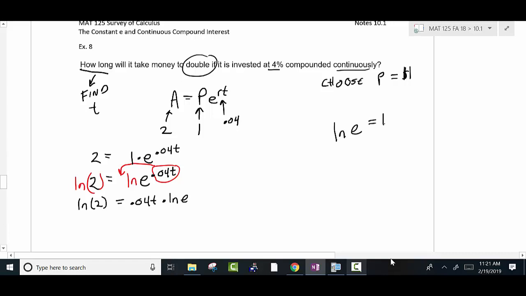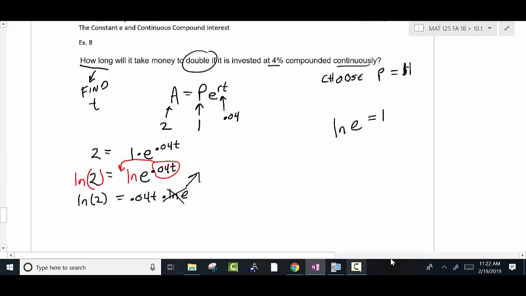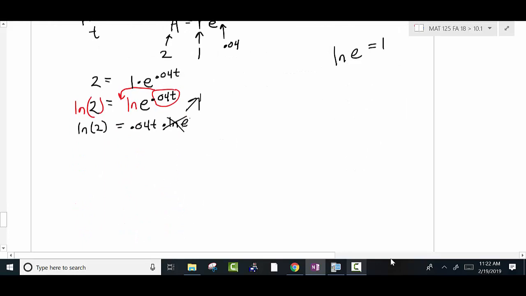So that would just give 1. So I would end up with ln of 2 equals 0.04t. Then I can divide both sides by 0.04. I go to the calculator, and that'll give what we would call the double time.